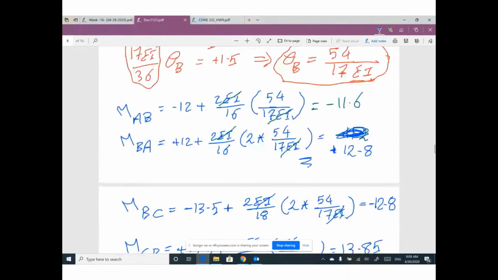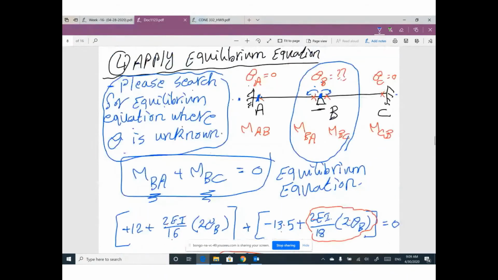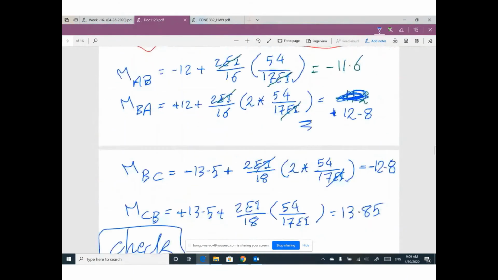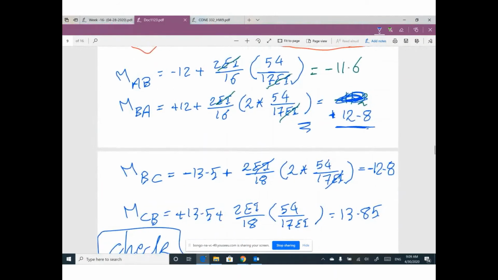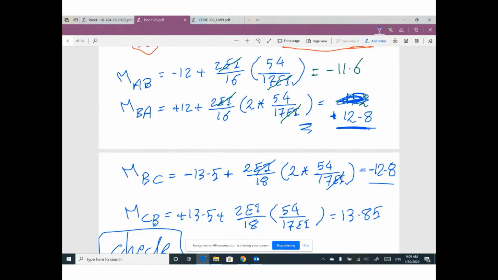Don't forget that your equilibrium equation at B, MBA plus MBC equals 0. It is your equilibrium equation. To be sure you are doing good, what is the value of MBA? What is the value of MBC? If you add this number plus this number, you can get 0. We are good.